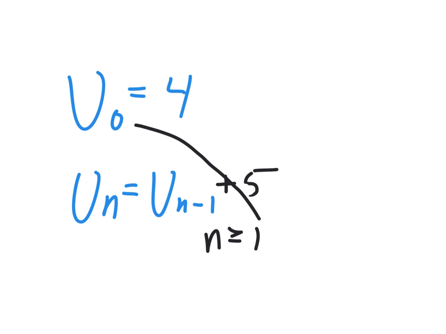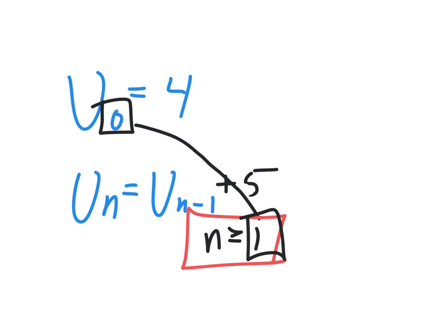It means that this formula can only work to tell me u sub 1. It could not tell me u sub 0. This formula can't be used to tell the first number. So this and this, do you get the relationship is always it's one bigger? It'll always be one bigger. And this means this formula only works to tell the second term.